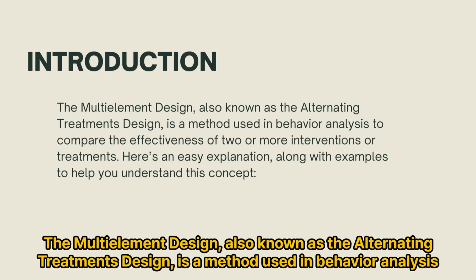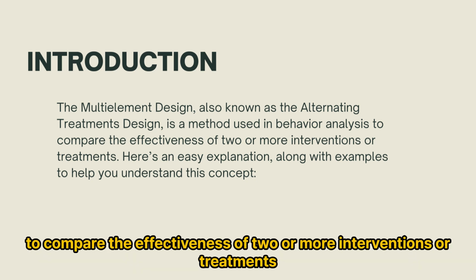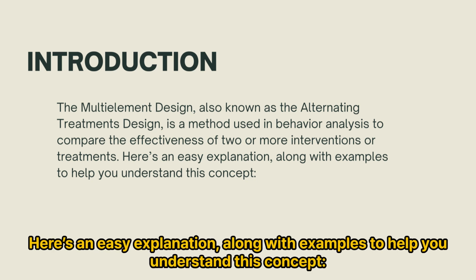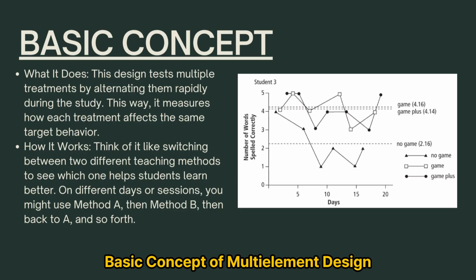The Multielement Design, also known as the alternating treatments design, is a method used in behavior analysis to compare the effectiveness of two or more interventions or treatments. Here's an easy explanation, along with examples to help you understand this concept. Basic concept of multielement design.